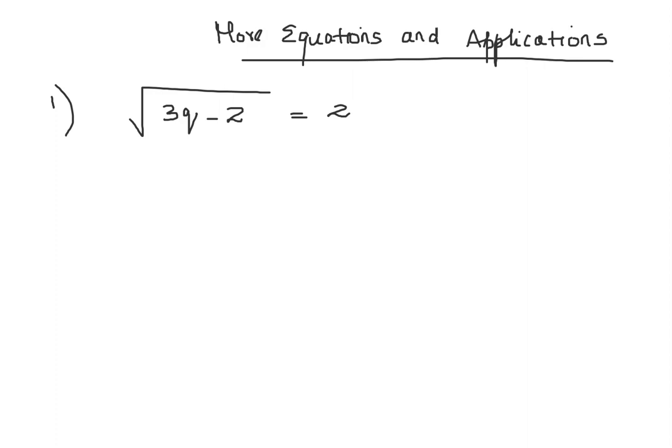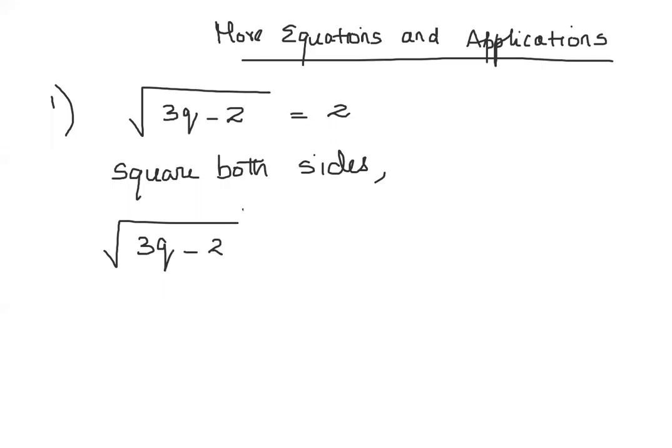So basically this is a square root, so we have to square both sides to get rid of the square root. When you square, the square root cancels out.